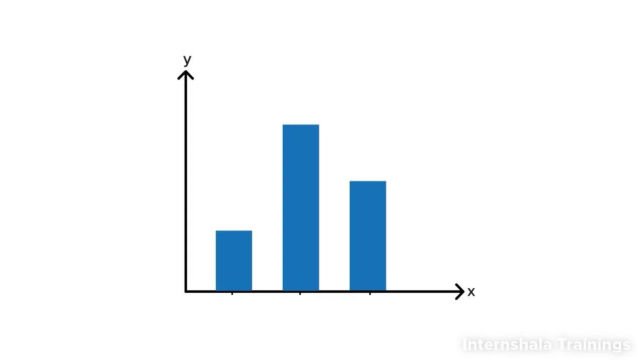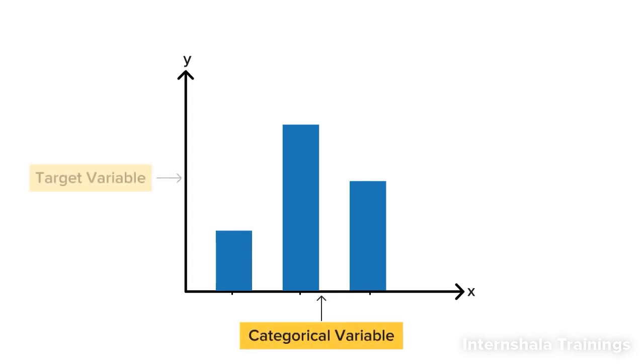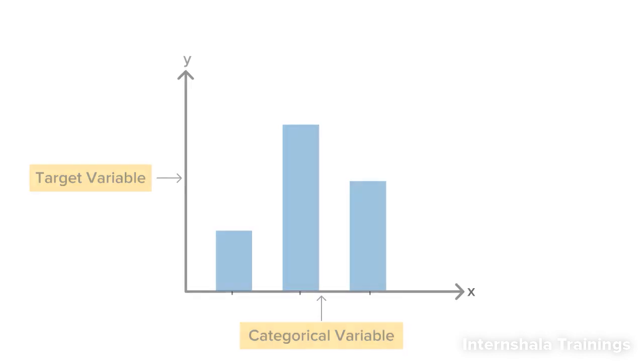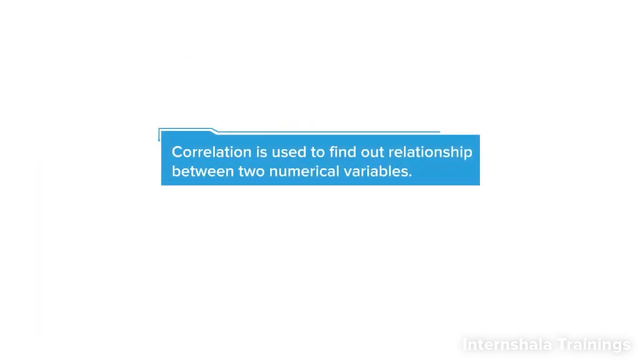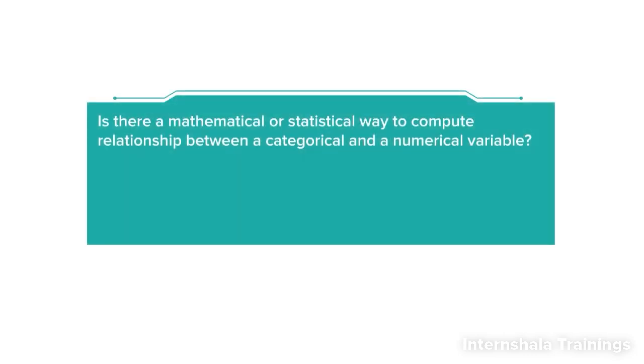So this was about visual representation of the relationship between a categorical variable and a target variable, which is numerical in nature. Now you must be wondering that, just like we had studied correlation in the previous topic to find out the relationship between two numerical variables, whether there exists a mathematical or statistical way to compute this between a categorical and a numerical variable also.